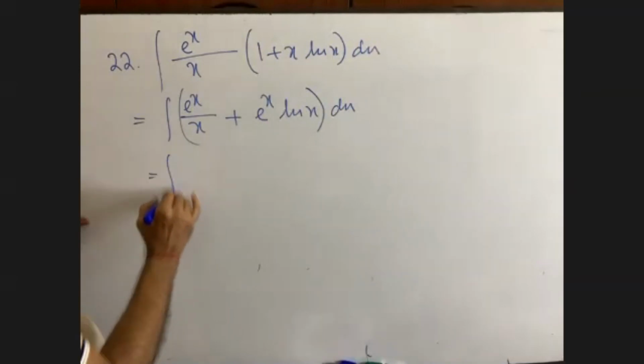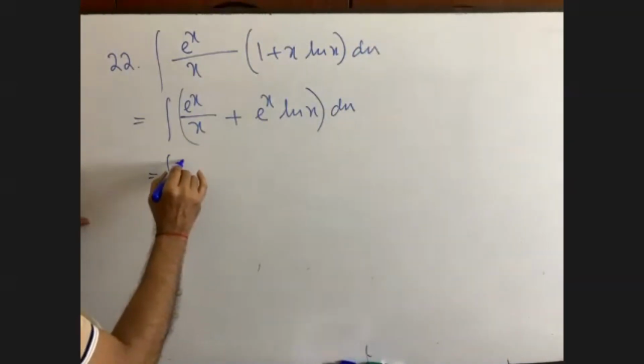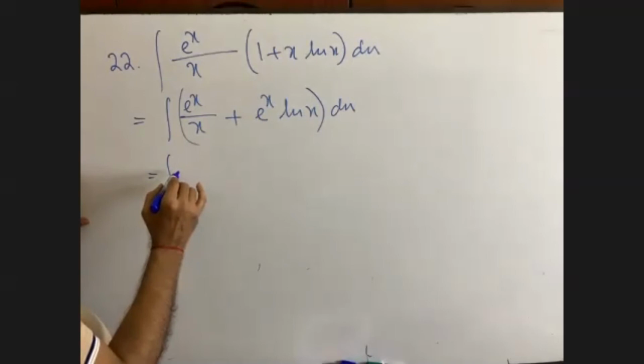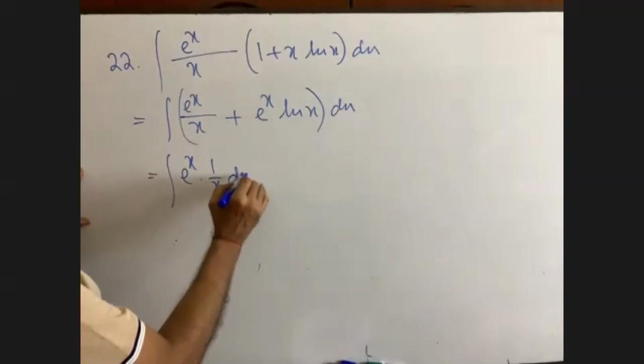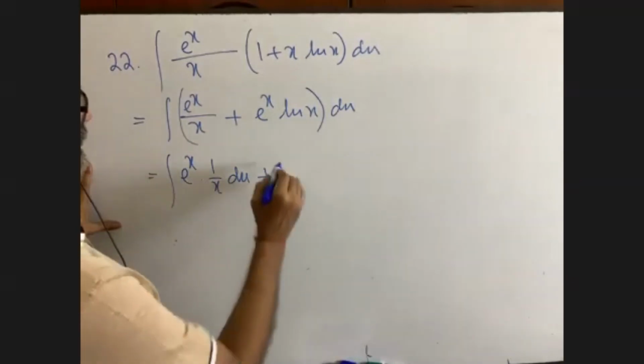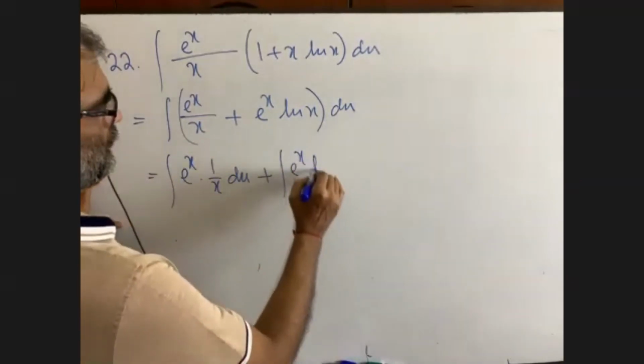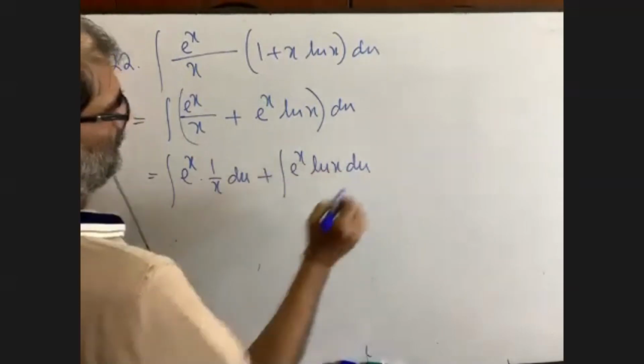So we are getting here e to the power x dot 1 by x dx plus e to the power x ln x dx.